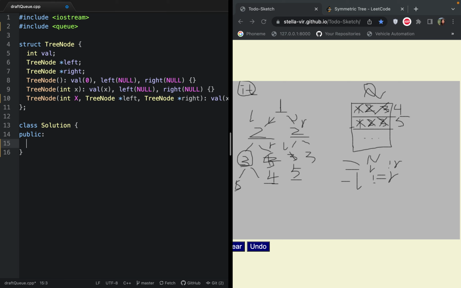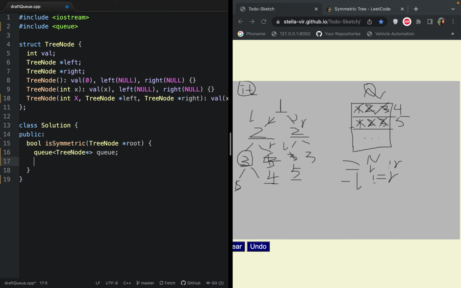So we need a function which is going to return a boolean value of either true or false. So bool, let's call it isSymmetric, and it's going to have one argument, which is the root, passed in here, and we declare our queue, which is going to be a queue of nodes.